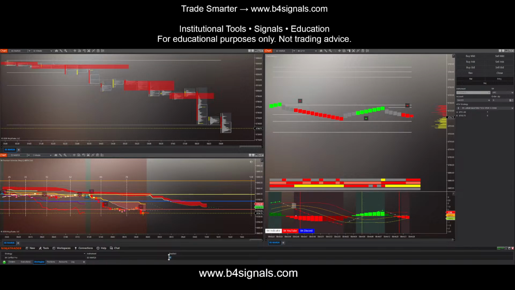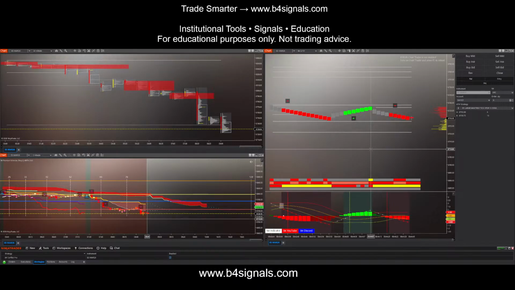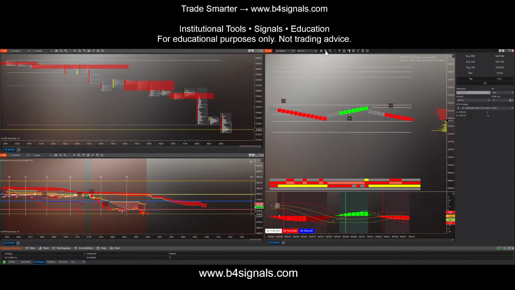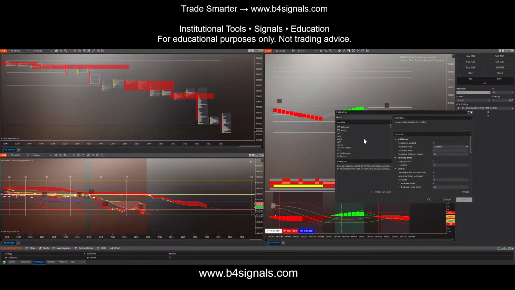Let me see why this thing's paused here. I was going to say I was going to add my other indicator. Let me go ahead and take the time to add my other indicator. I got to have a price line.